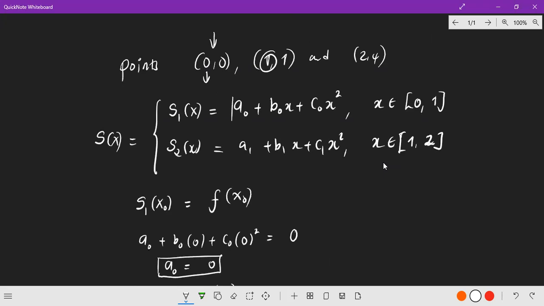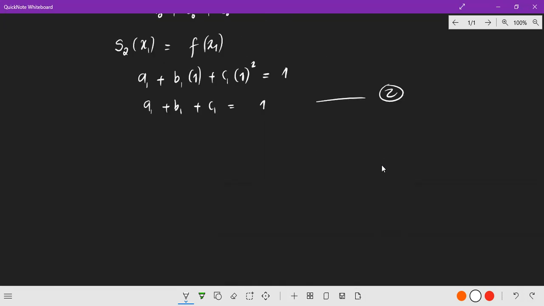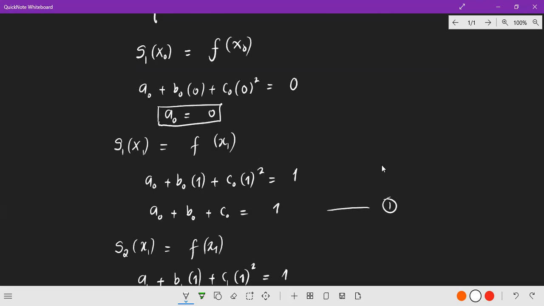Again, I have to evaluate this function at its endpoint, which is what? 2. Again, so I'll say S2 evaluated at x2 is equal to f of x2. So we substitute the value of x2.